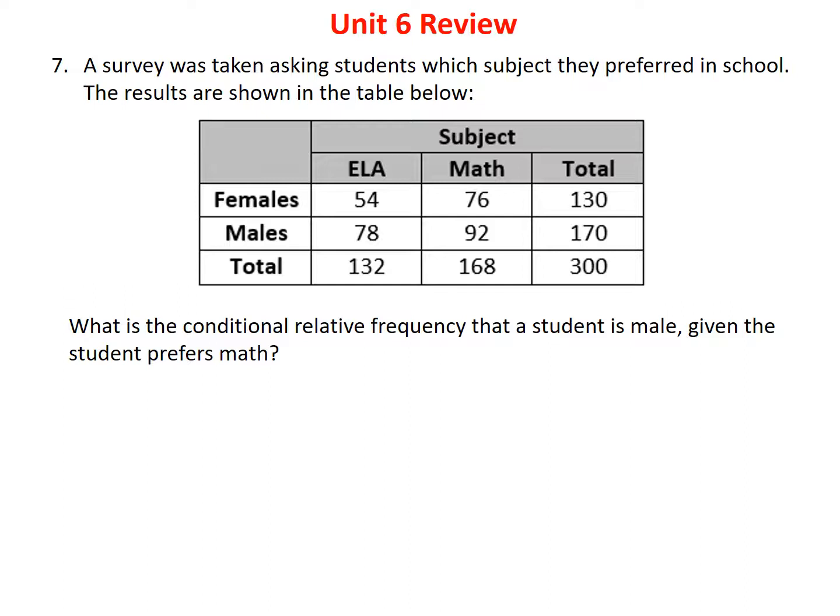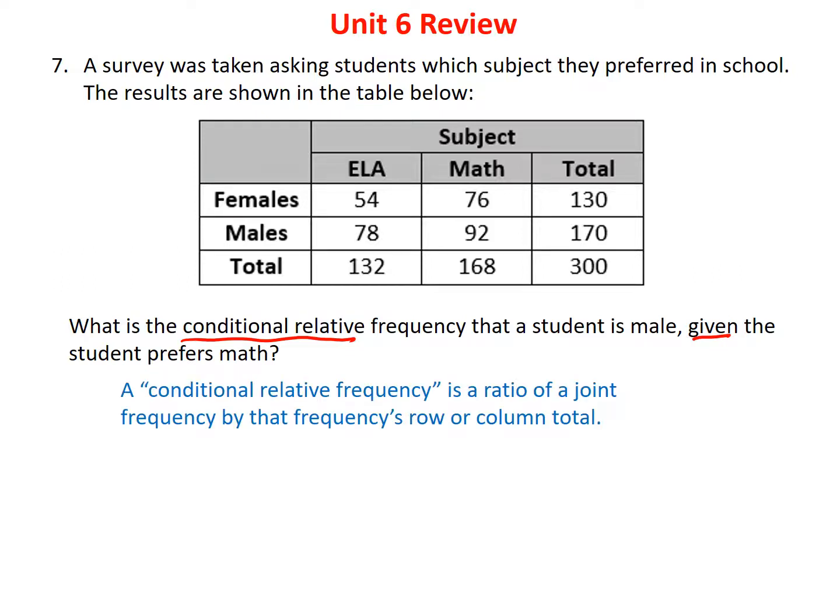Finally, the problem asks us for the conditional relative frequency that a student is male, given that the student prefers math. Conditional relative frequency gives you a condition, given that the student prefers math. In other words, they're only considering students who prefer math. So that means it's a ratio of the joint frequency, how many male students prefer math, to the total of the frequencies for that row or column, not the grand total.